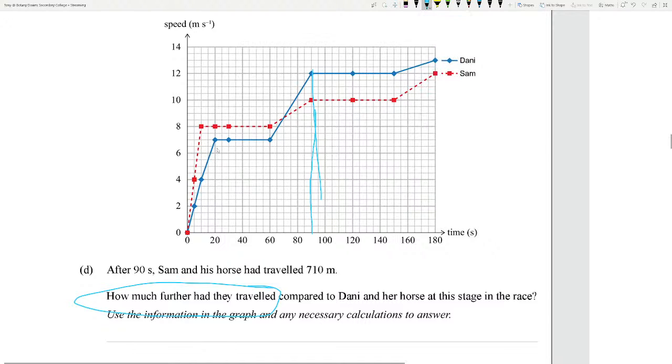You need to cut it here, here, here, and calculate those 4 areas, add them up, then compare that to the 710. In this case, Sam and his horse would have run more. So you figure out the number, add it up, use 710 minus that, and that will be your answer.